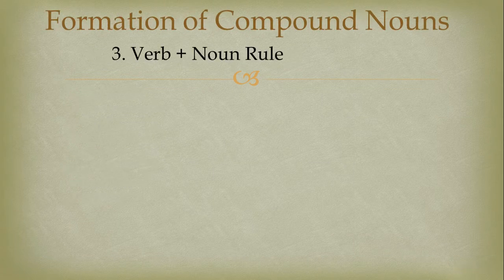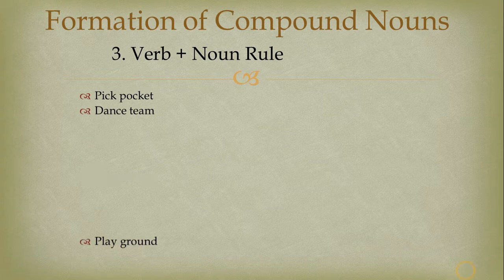Our third rule is verb plus noun rule. It means that first verb and then noun is combined, a new noun, compound noun, is formed, as pickpocket, dance team, playground, flashlight.